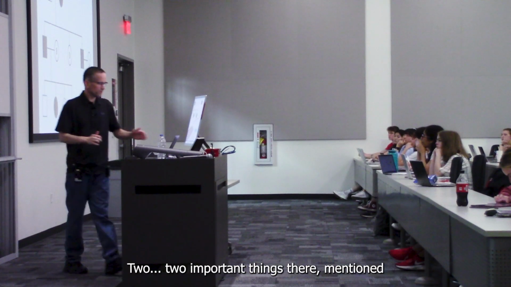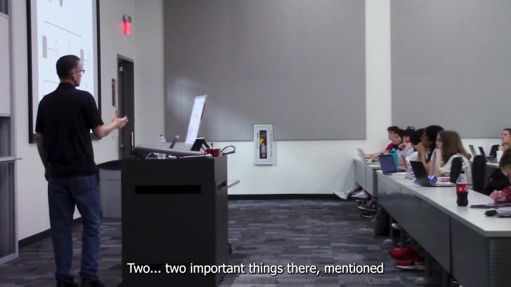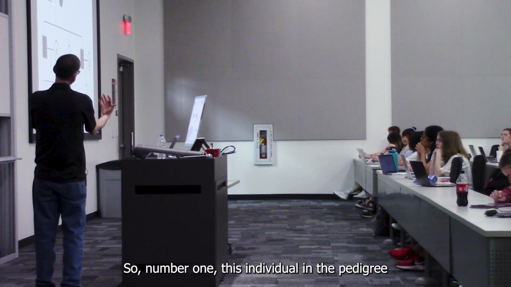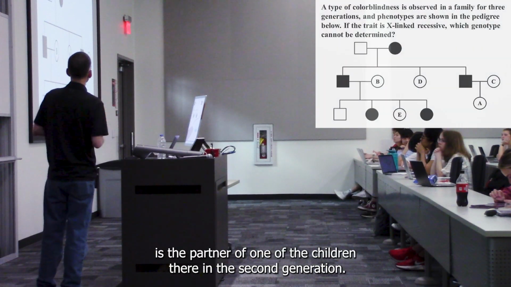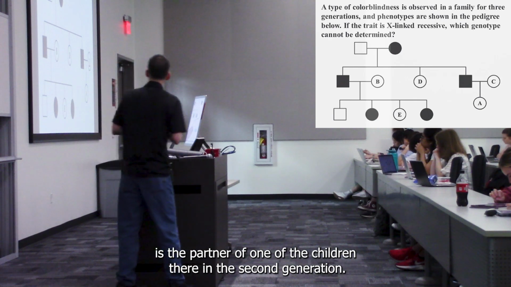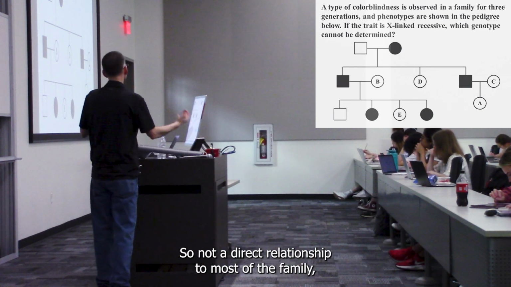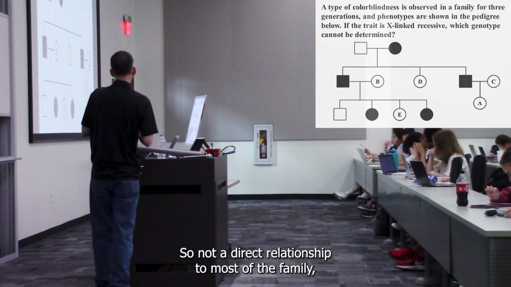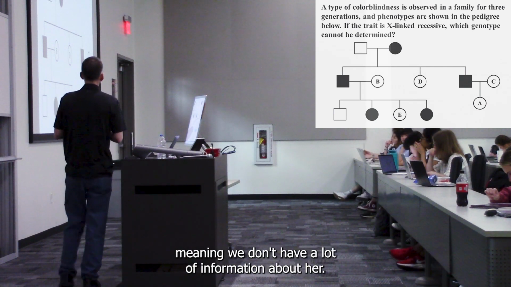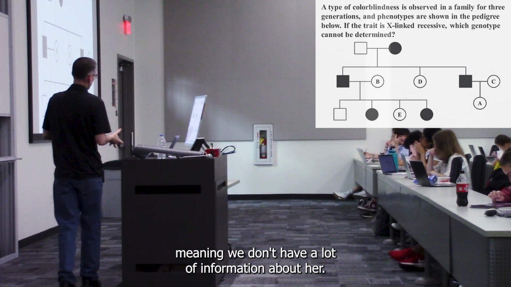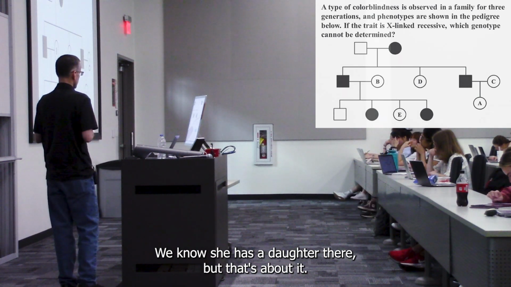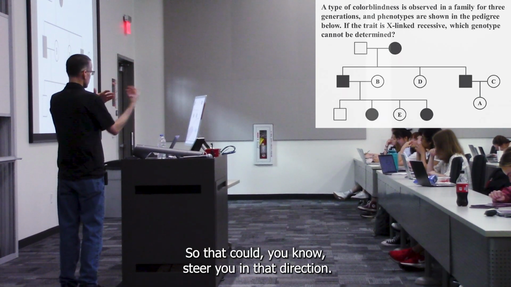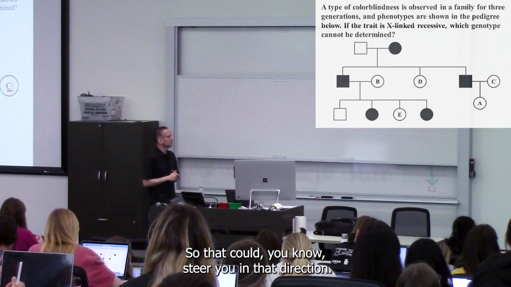Two important things mentioned there. Number one, this individual in the pedigree is the partner of one of the children in the second generation. So not a direct relationship to most of the family, meaning we don't have a lot of information about her. We know she has a daughter there, but that's about it. So that could steer you in that direction.